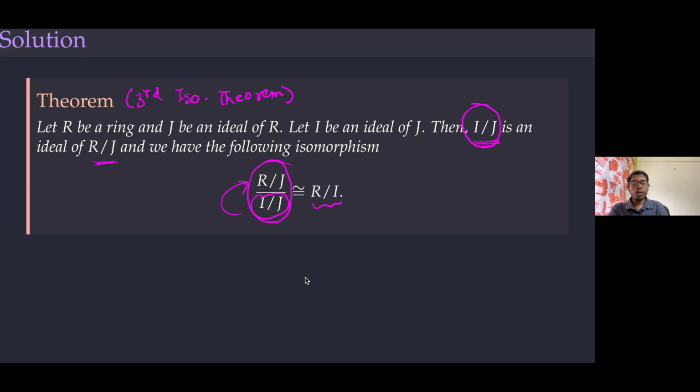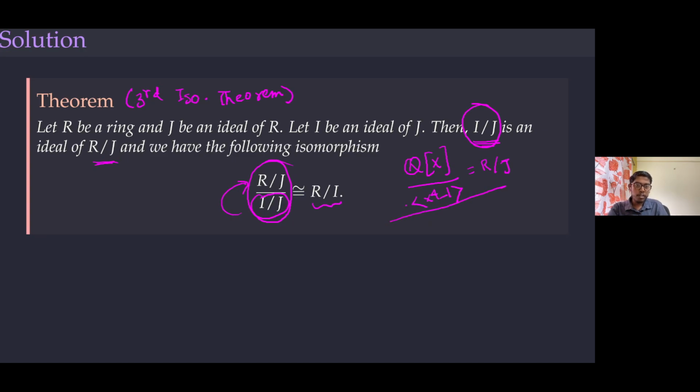Okay. So what we need to determine is Q[x] mod x^4 minus 1. So this is my R mod J. What are the ideals of this?